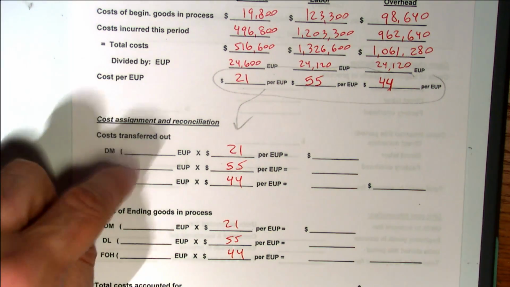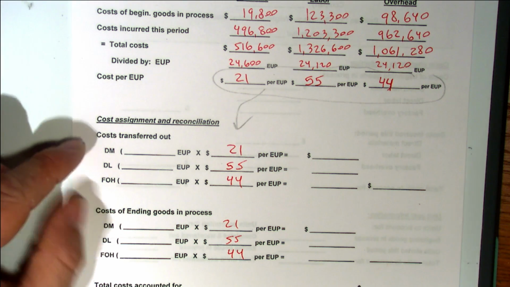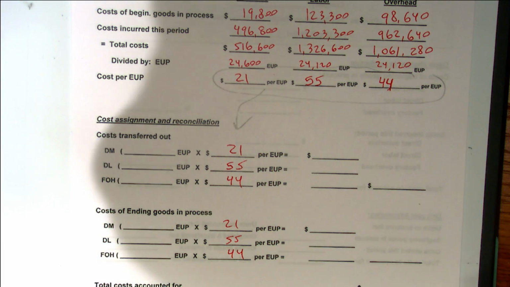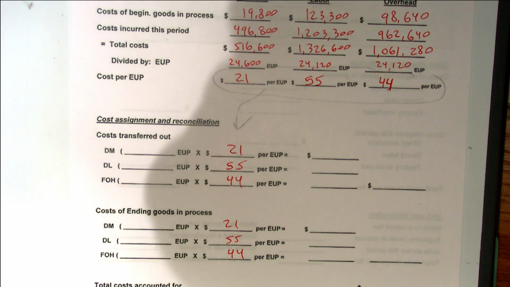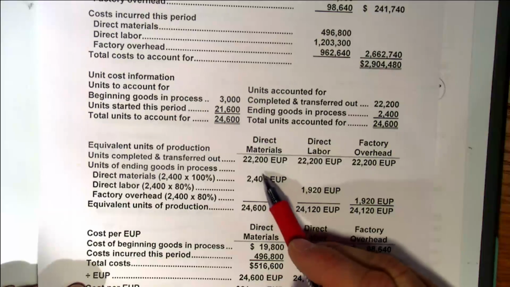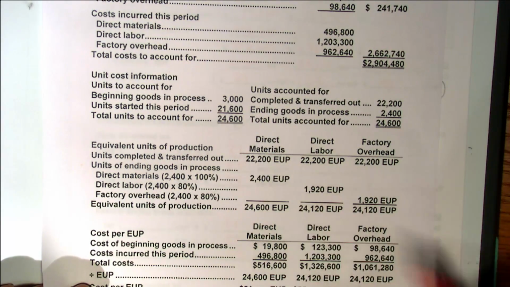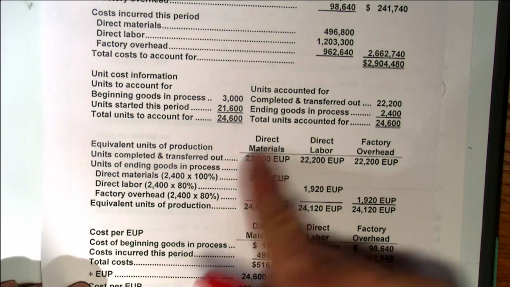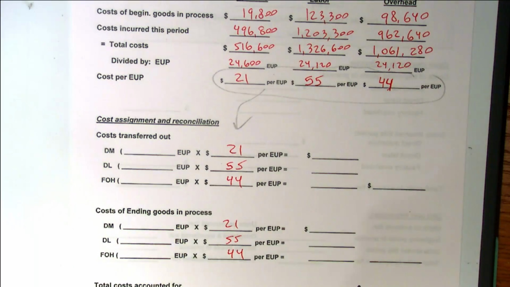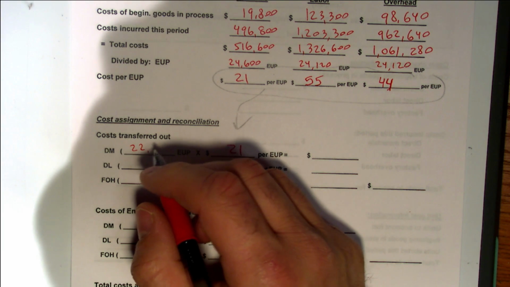And we need to know our equivalent units of production that were transferred out and ending goods in process. Where do we get those? We get those right here, correct? The equivalent units transferred out and that are in process. So it's these numbers right here. So this is 22,200.